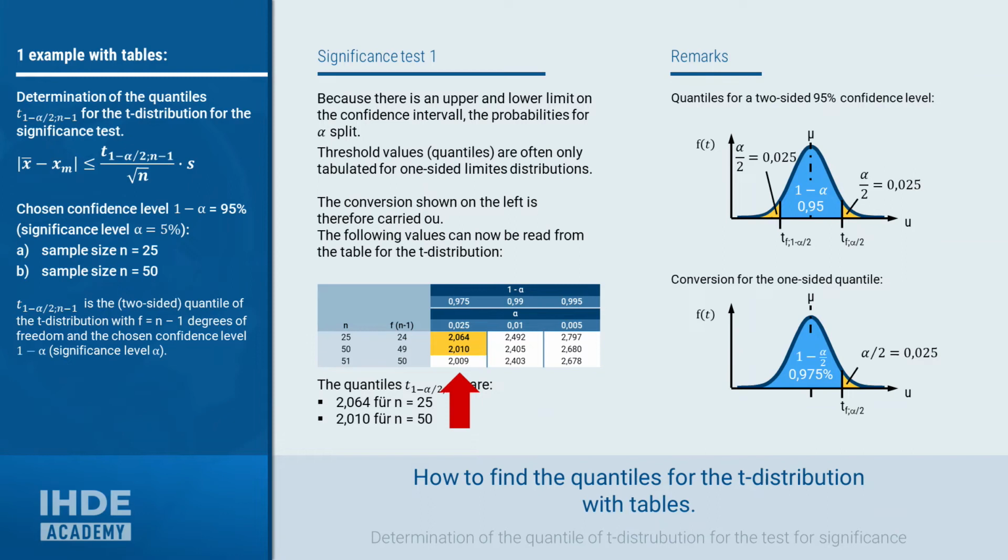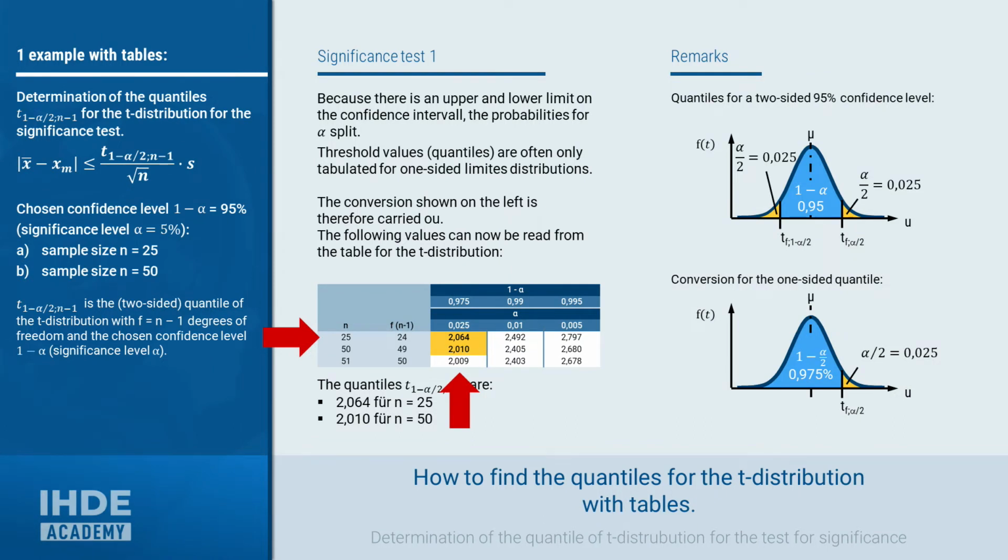Since the quantile of the t-distribution depends not only on the confidence level, but also on the sample size, the applicable sample size must now be selected. In our example, this is 25 and 50.